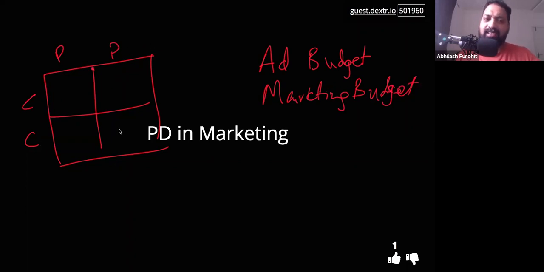If they do not spend anything on ads or marketing, then let us say they are cooperating with each other and they are going to get 50% of the market and make a revenue of some 4 million per week or whatever, right?